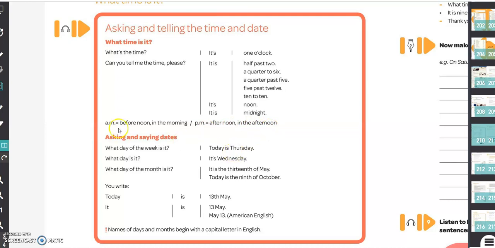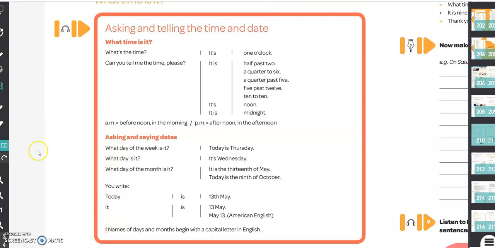Yes. Then asking and saying dates. For example, what day of the week is it? Today is Thursday, or today is Wednesday. What day is it? It's Wednesday. Or what day of the month is it? It is the 13th of May. Yes? Or today is the 9th of October.